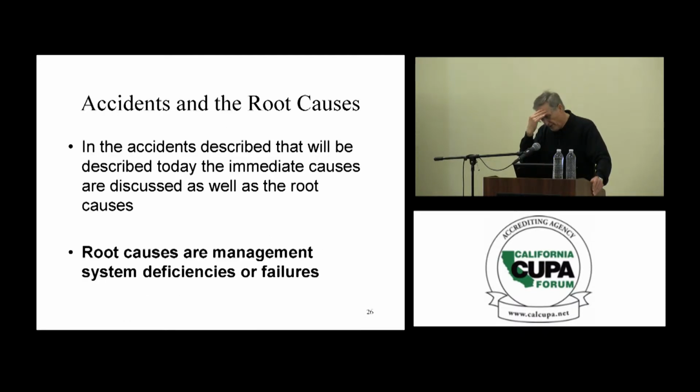Now, when we get into the discussion of root causes, they are almost exclusively, I would say exclusively in my experience, related to management system deficiencies, where there were either inadequate management system practices originally put in place, or they weren't followed.